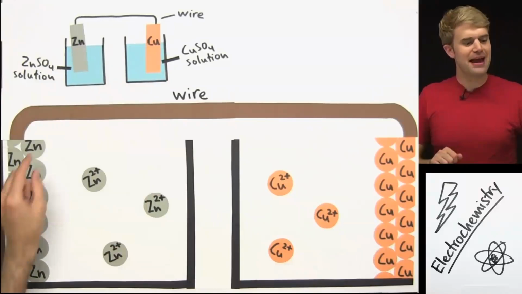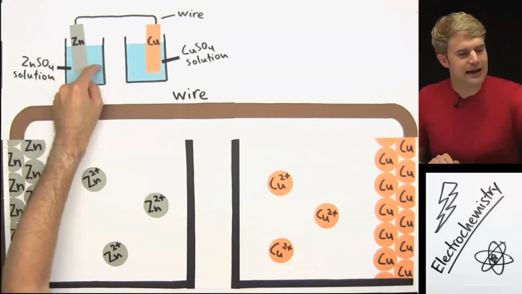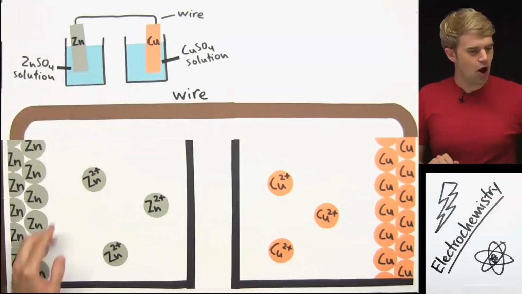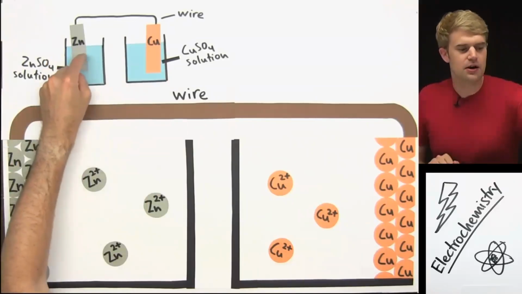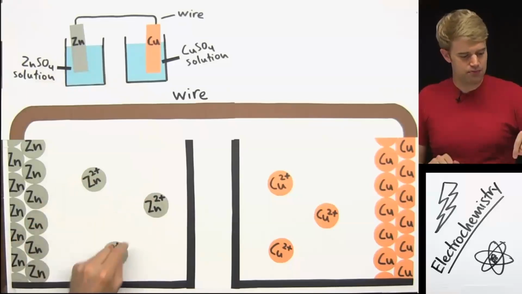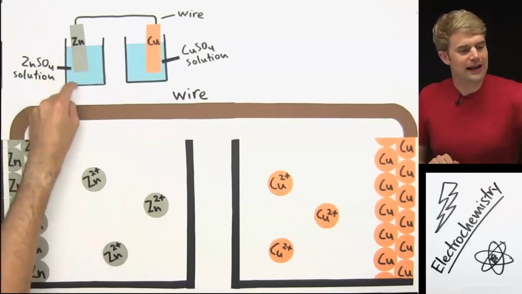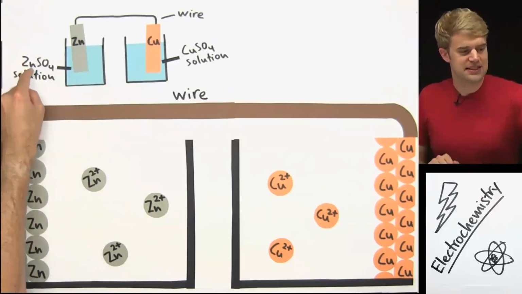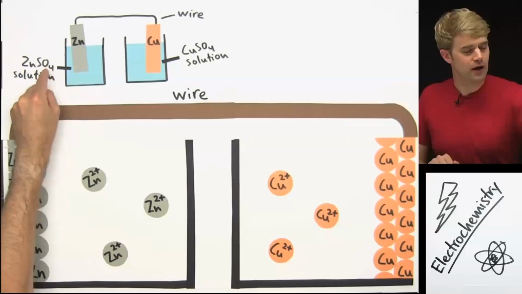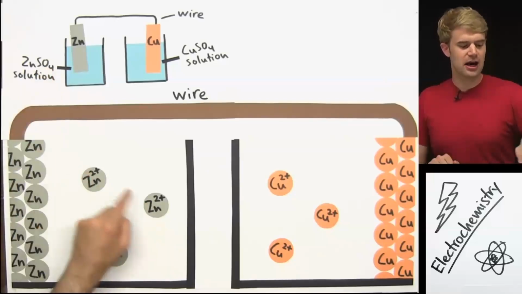This is a magnification of the area here. These zinc atoms are on the edge of the piece of the zinc metal. And then these Zn2+ ions are in the solution. They're part of this ZnSO4 solution. I'm not showing the SO4 here. I just want to focus in on the zinc.